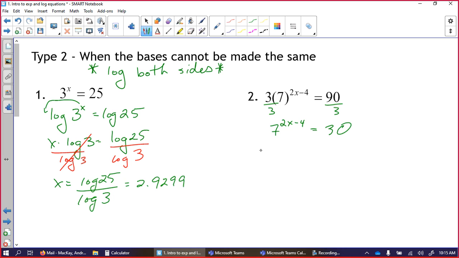Logging both sides. Move the exponent down. 2x minus 4 times log of 7 equals log of 30.